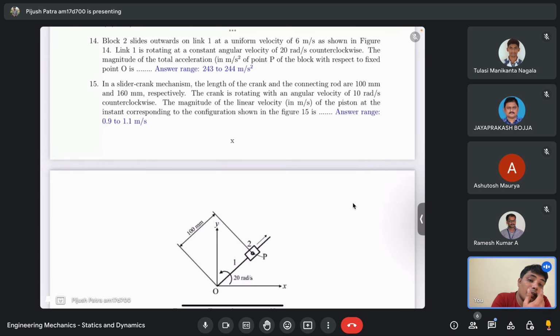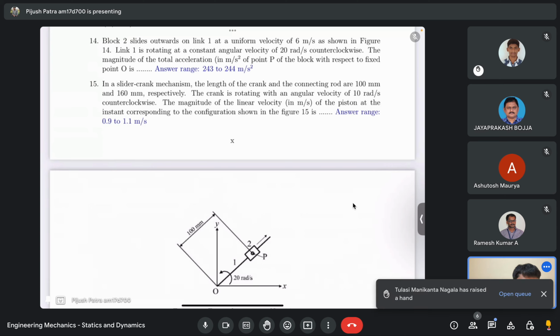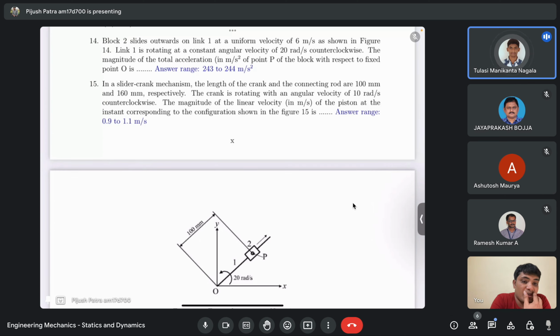Because these two accelerations are acting normal to each other, that means root of 40 square plus 240 square, means how much? 243. So that should be the answer. So it's 243 point something, right? Yes, sir. So you need to put that answer.